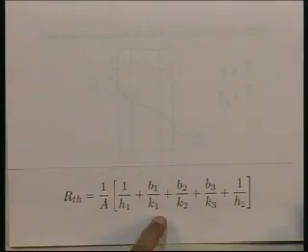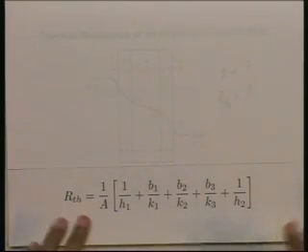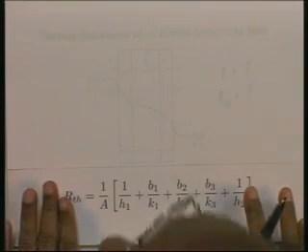The first one is 1 by H1 A, second one is B1 by K1 A, etc. So, we have not only got an expression for the total thermal resistance of this composite case, we also have shown that when thermal resistances come in series, the total thermal resistance is the sum of the individual components. So, we have done that as well. All right.